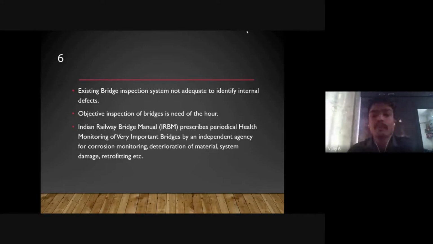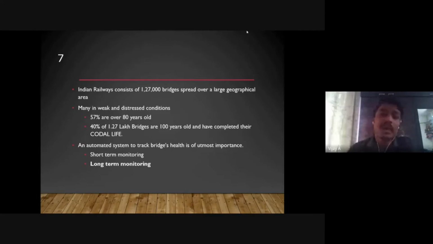So the IRBM prescribes periodical health monitoring of very important bridges by an independent agency for corrosion monitoring, deterioration of material, system damage, retrofitting, etc. This is what the IRBM recommends, and I also explained why I have taken Indian Railways as an example: considering the Indian scenario, Indian Railways handles more volume of traffic and has more bridges under its purview.